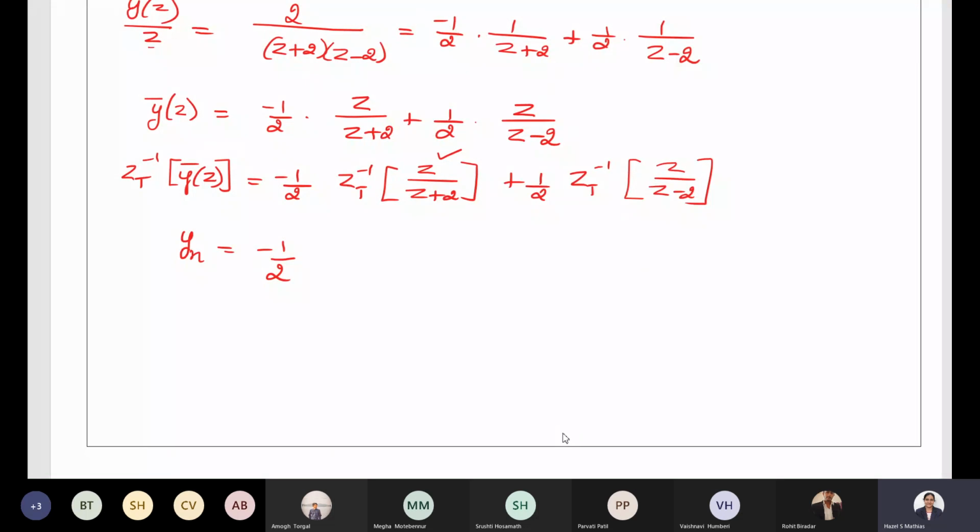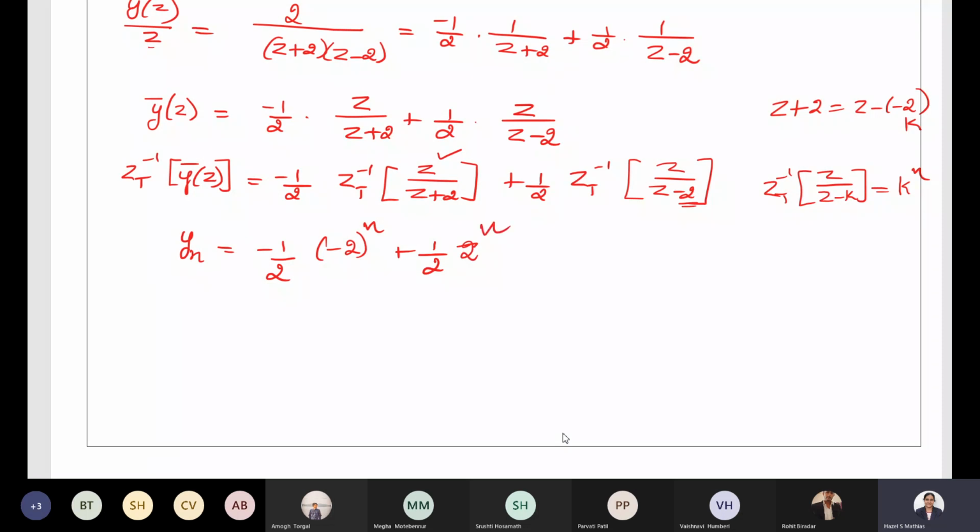So z plus 2 can be written as z minus of minus 2. So k will be minus 2. Inverse z transform of this is (minus 2) power n, plus half into inverse z transform of this, which is of that form only. Inverse z transform of z by (z minus k) is k power n. So k here is 2, so it will be 2 power n.